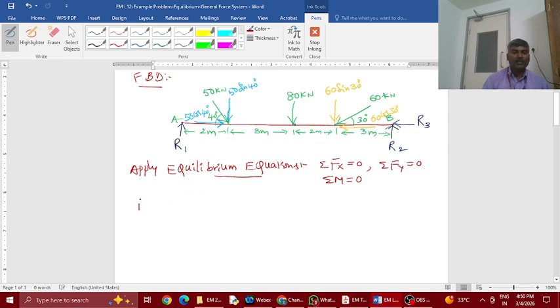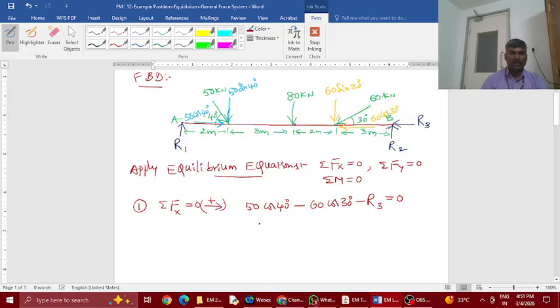Okay. Applying the first one, sum of x forces is 0. So consider a direction as positive. Okay, let us say rightward forces are positive. So here you see the horizontal forces, if you come from the left end, it is 50 cos 40, which is the component of 50. Then this one is in the opposite direction, toward the negative side. So 60 cos 30, this is also negative, minus R3 is equal to 0.